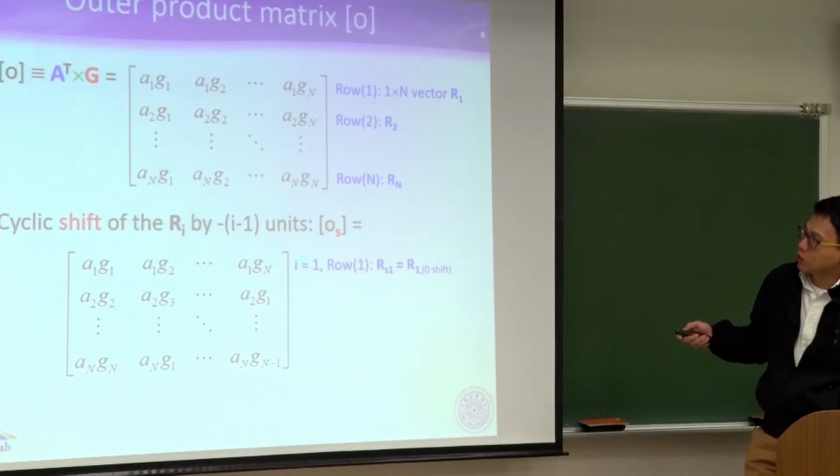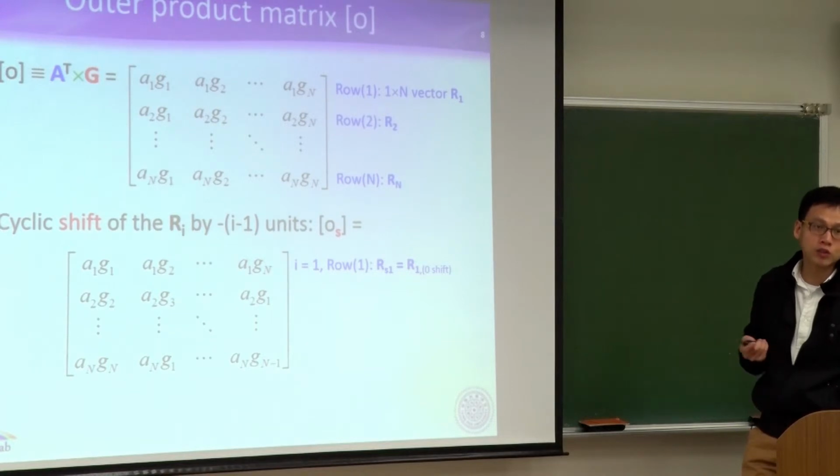When i equals 1, according to the formula, you have 1 minus 1, which is 0. So the number of cyclic shifts is 0, no shift. So the first row of the new matrix is the same as the first row of the original matrix, no change.